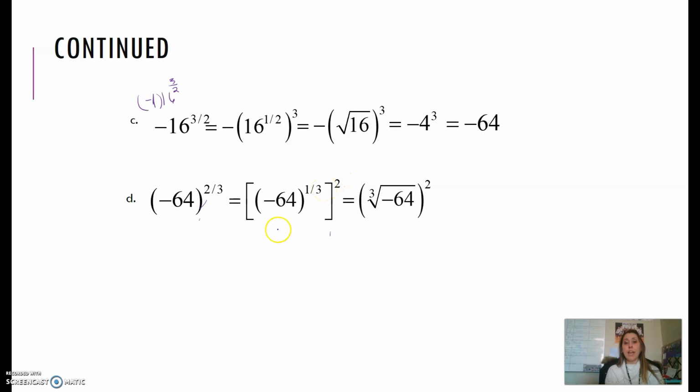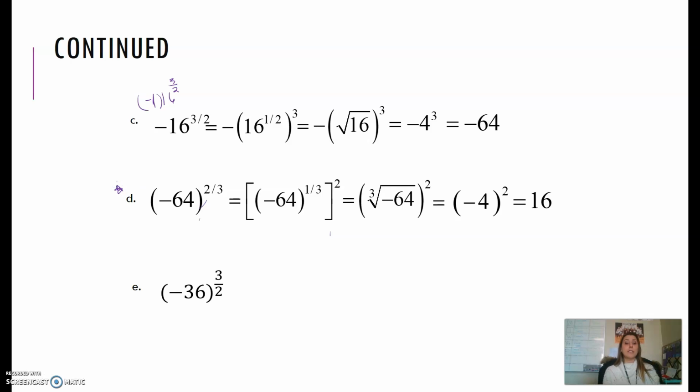So we're really going to have the cube root of negative 64. So again, now I know I can evaluate this because my index is odd, and even though this is negative, I can, and I'm going to get negative 4. But negative 4 squared, look, it's on the inside of the parentheses. What is negative 4 times negative 4? It's a positive 16. So this one kind of goes back and forth between the signs, so you have to be really, really careful. So this is a really good example to have in your notes.